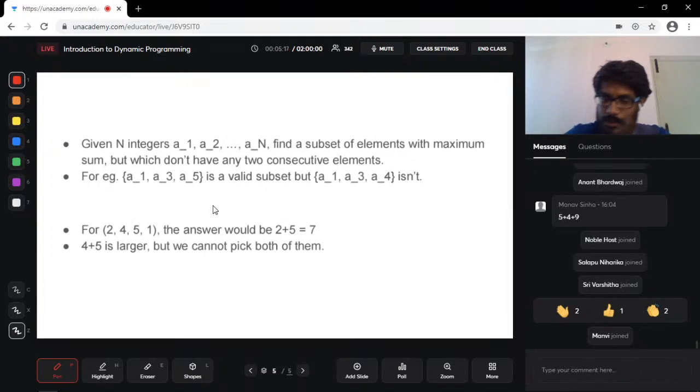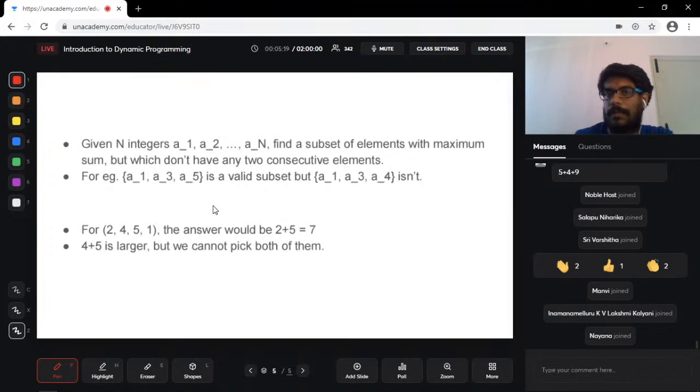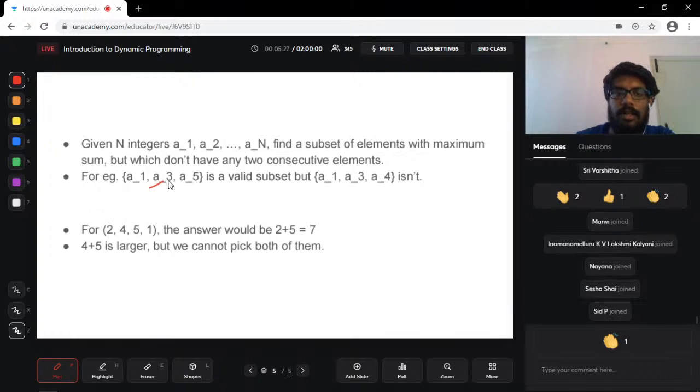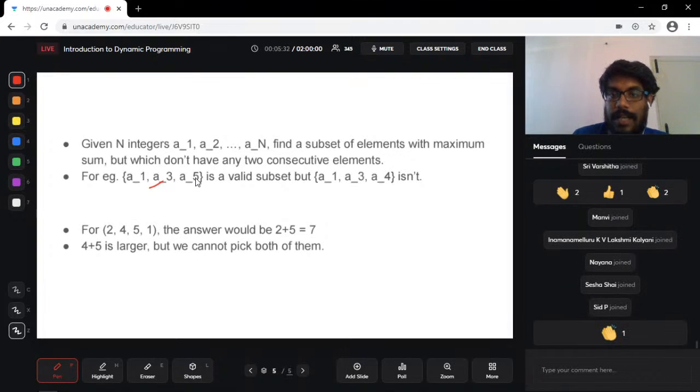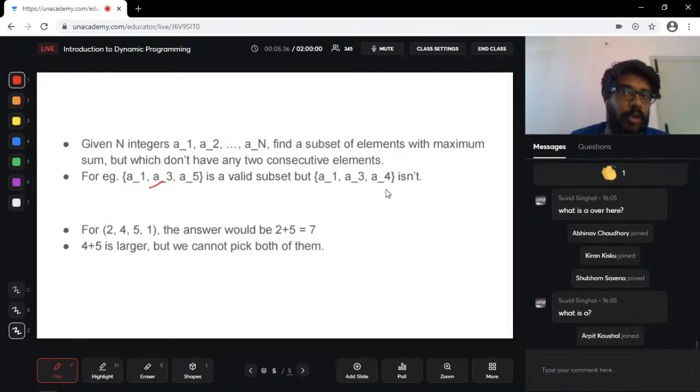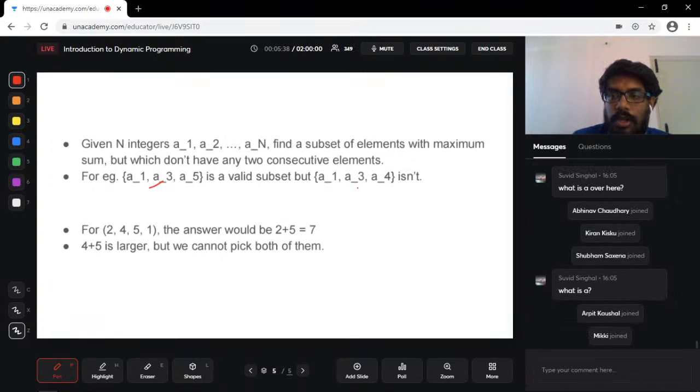Again, I want to maximize my sum, but then I have this extra constraint that no two consecutive elements can be chosen. In particular, if I have some 10 numbers, the subset A1, A3, A5 is a valid subset, whereas a subset A1, A3, A4 is not valid because A3 and A4 are next to each other, right?